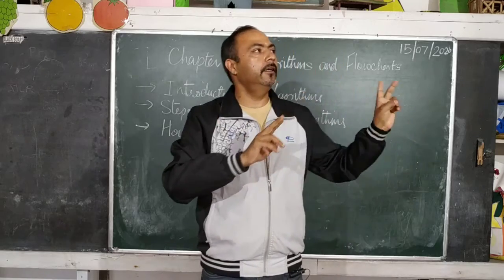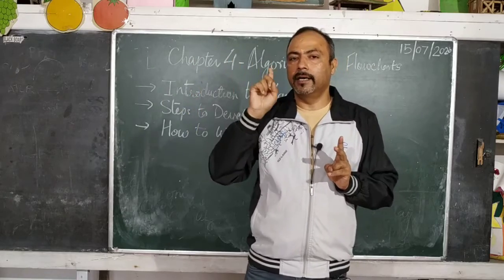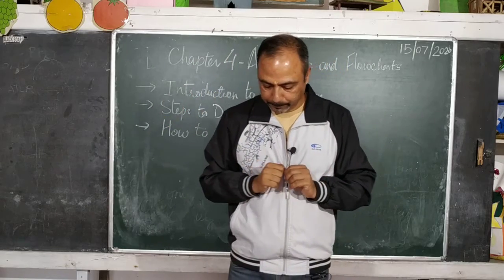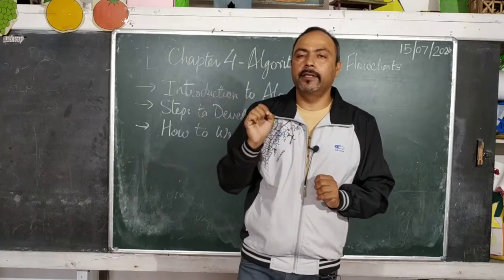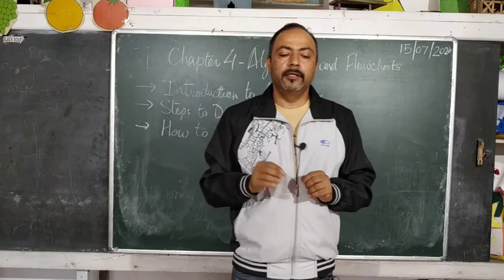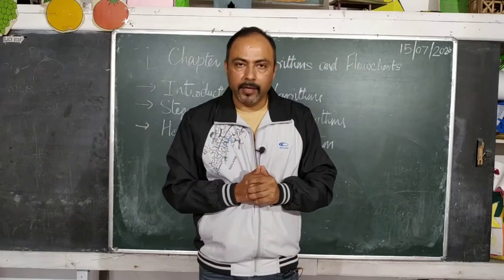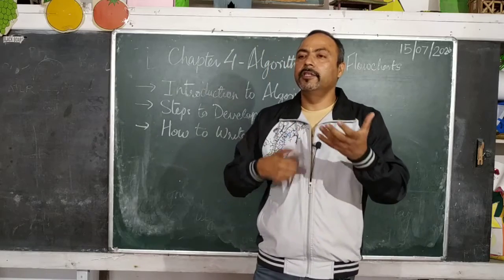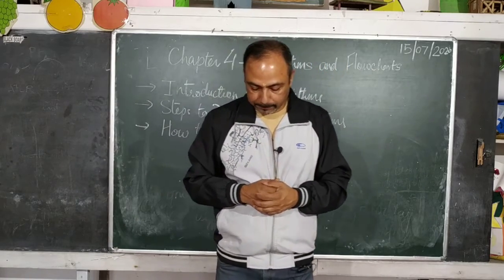If I have to find the perimeter of the rectangle, I need two variables, that is the height and the width. We need to ensure that whenever we are writing a variable, it should be meaningful, because it will be difficult for us to understand afterwards when we read the program. So the algorithm is to be written in simple language so that everybody can read and understand.